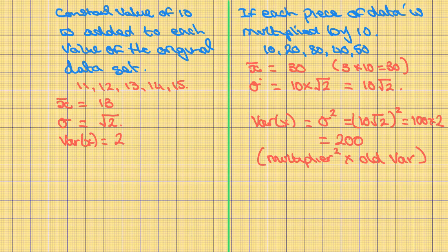If you multiply each member of a data set by a multiplier, the mean changes by multiplying the old mean by that multiplier. The standard deviation also changes by multiplying the standard deviation by the multiplier, whereas the variance changes by multiplying the old variance by the multiplier squared.